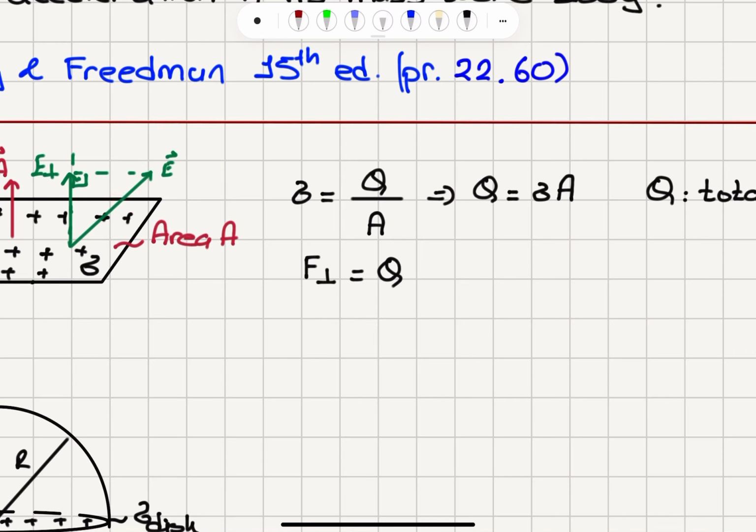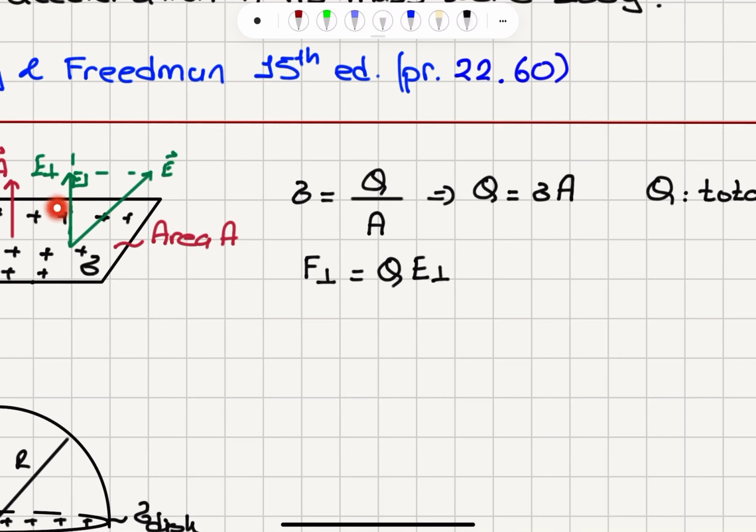So there's an external electric field here that's making a finite angle with respect to this flat surface, and it has a perpendicular component, E perpendicular. So the perpendicular force this plane will feel will be equal to the charge Q multiplied by the perpendicular component of the external electric field, E. So this is Q times E perpendicular.